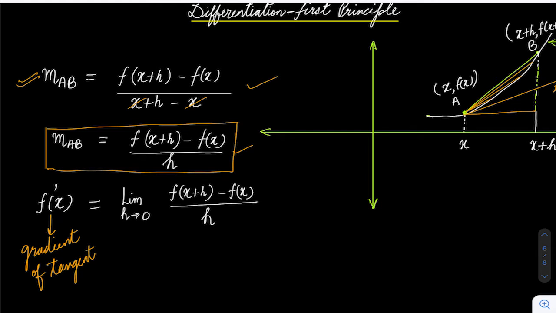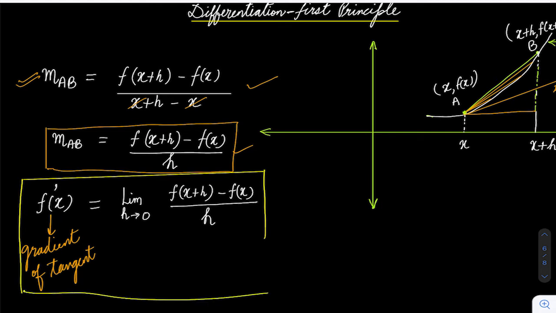So that's the logic here. This is my formula that you can easily remember: f dash x is equal to limit h approaches 0 of f(x plus h) minus f(x) over h, and this h is very small.